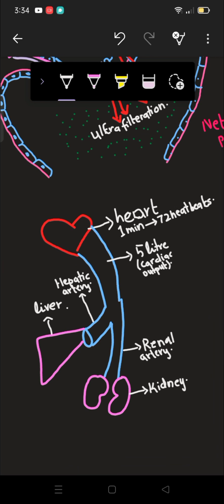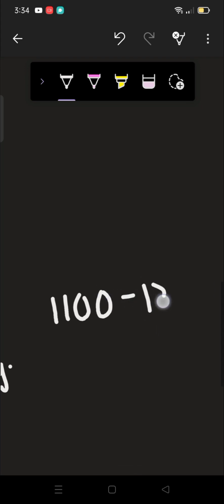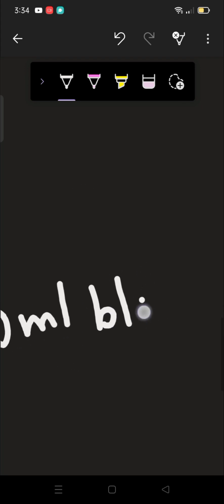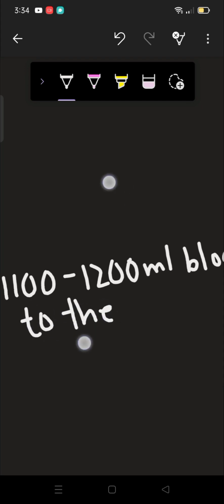There would be some specific amount which will be going to the kidneys. We need to know that. So what blood are the kidneys receiving? They are receiving blood of 1100 to 1200 milliliter, which is going to the kidney.